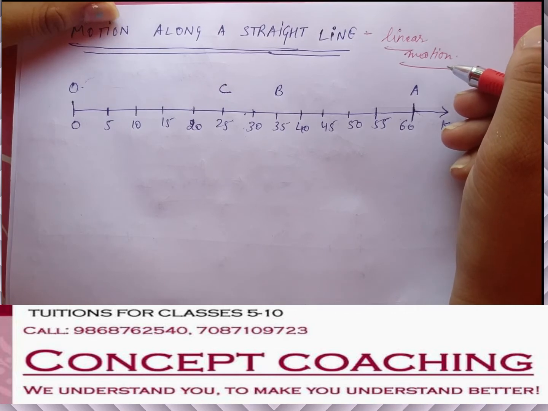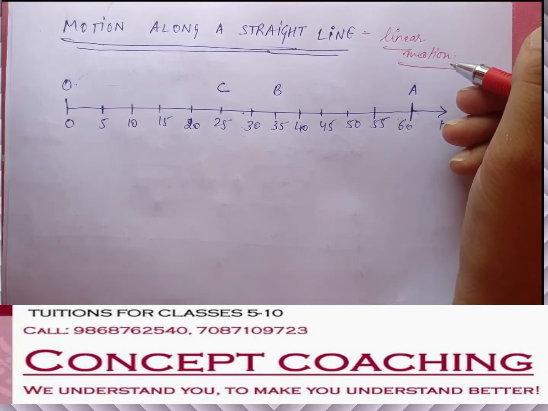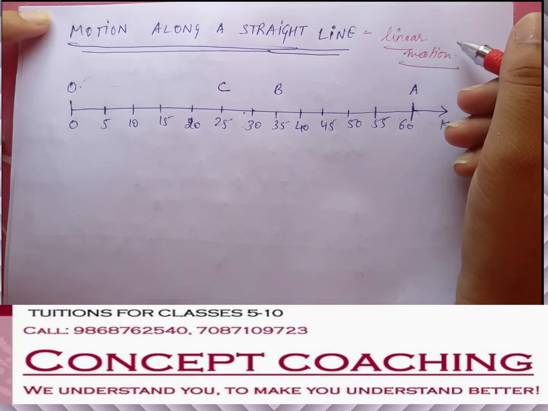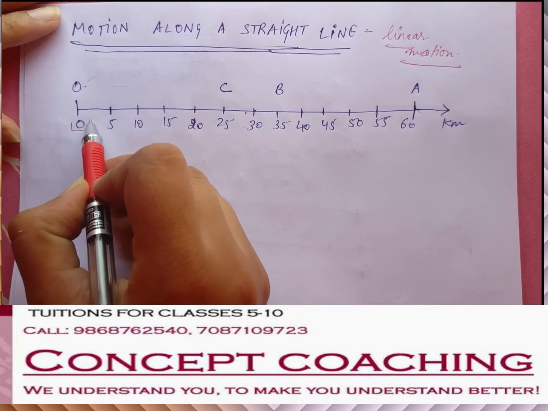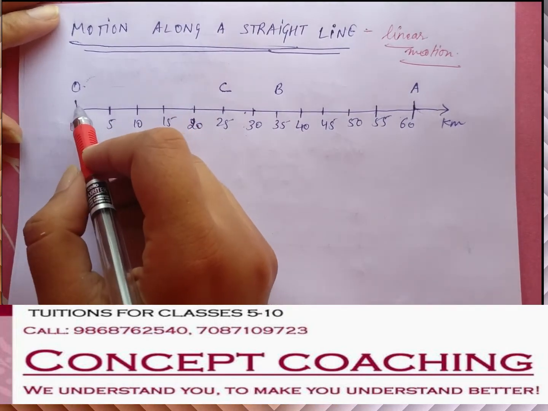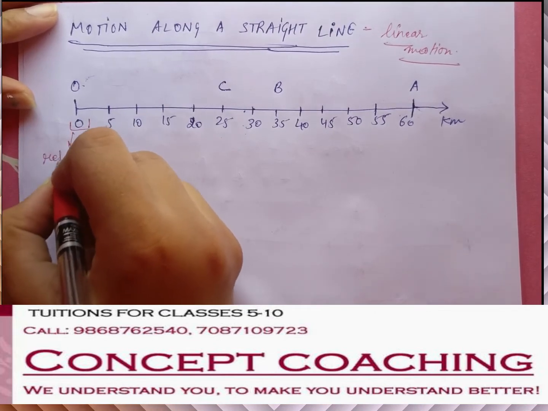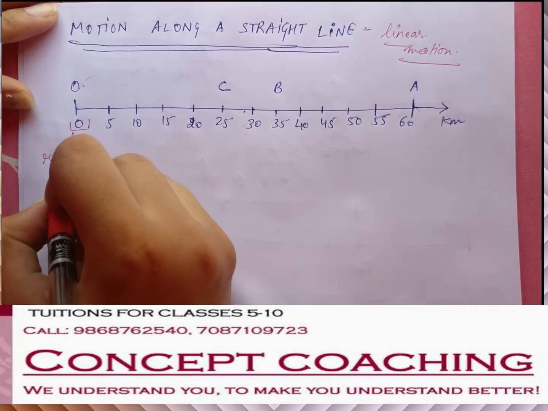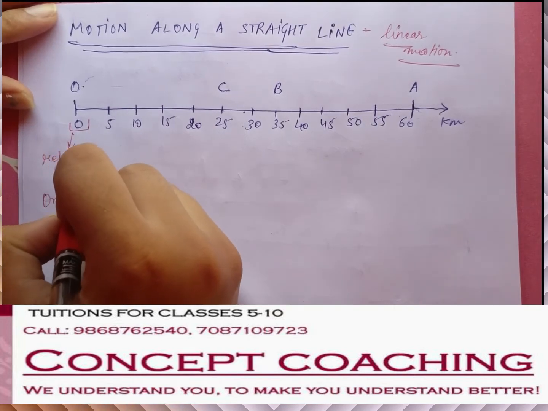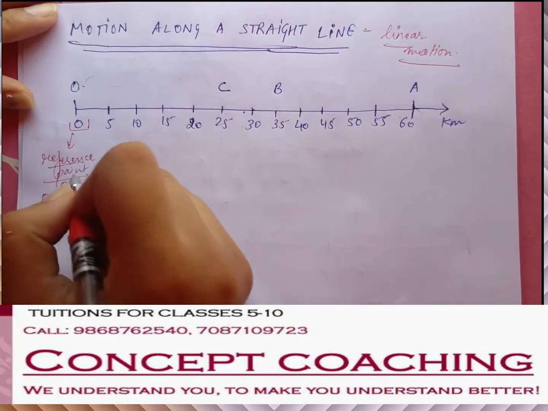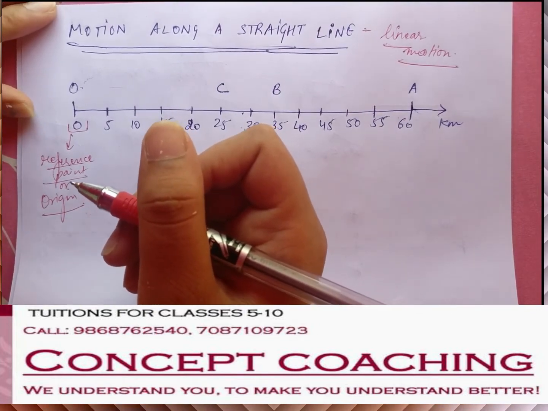Let's begin with an example to understand this in a detailed manner. Let's say we have an object which is put at this point O. It is kept at this point O, which is also our reference point, or we can say the origin. As we all know, the reference point or origin is the point which describes the location of an object.